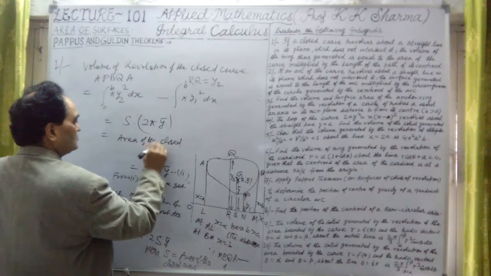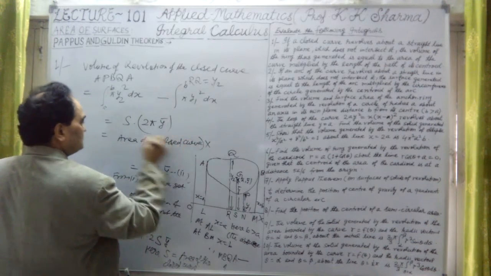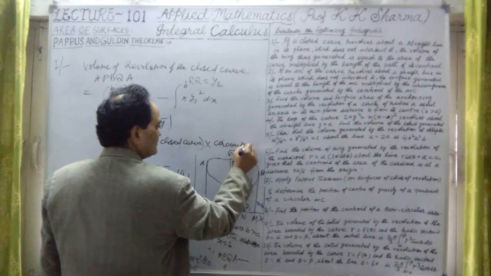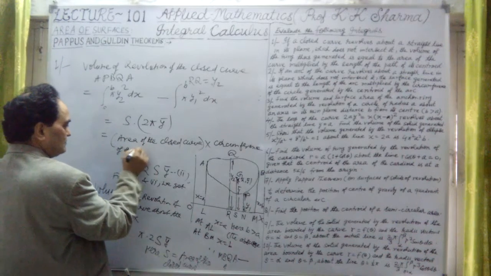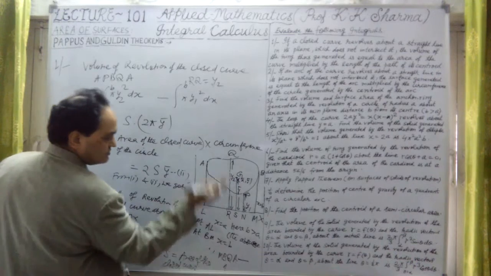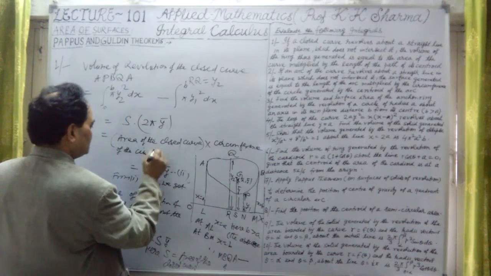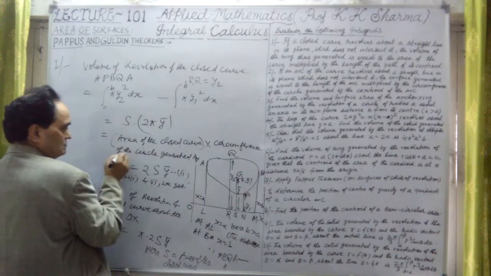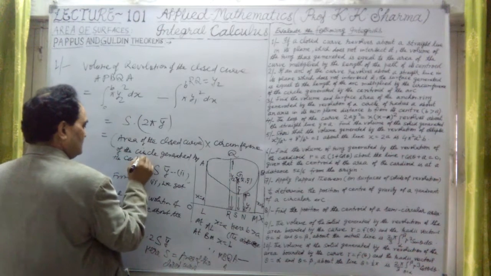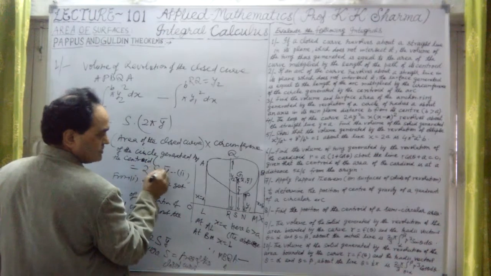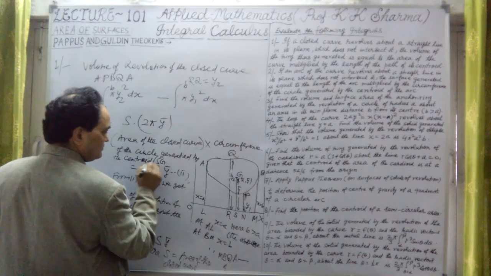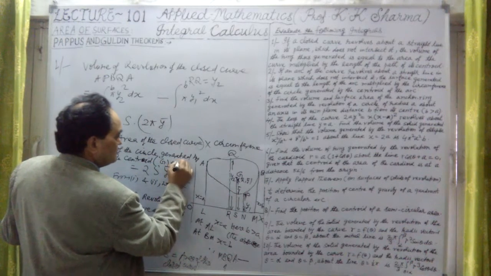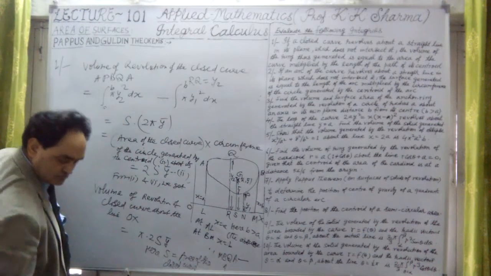the area of the closed curve, S is here, into the circumference of the circle generated by revolving SG, y bar. The circumference of the circle generated by the centroid G of the closed curve about the straight line.